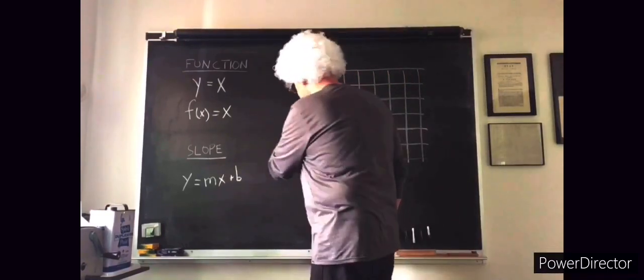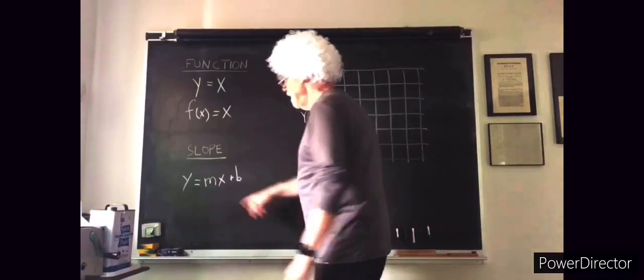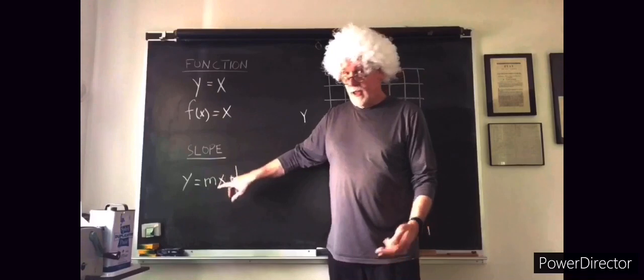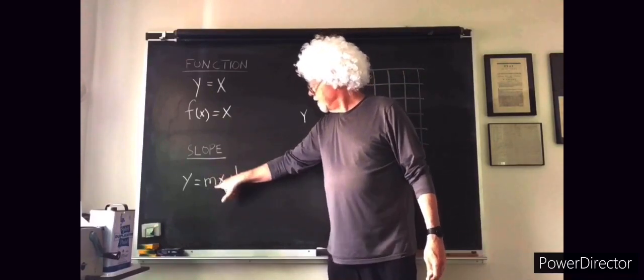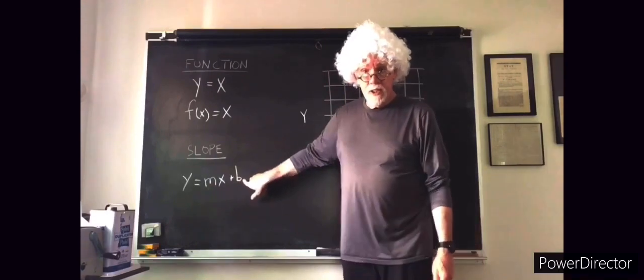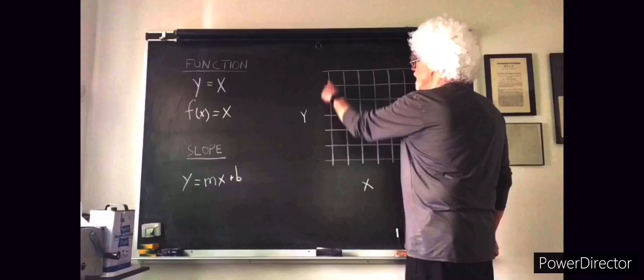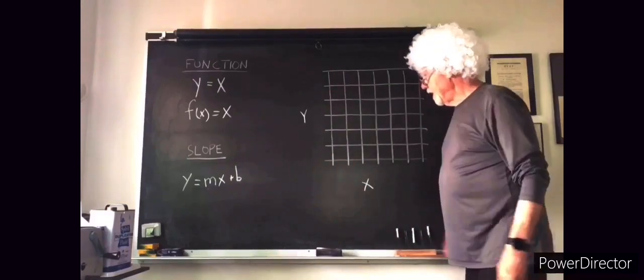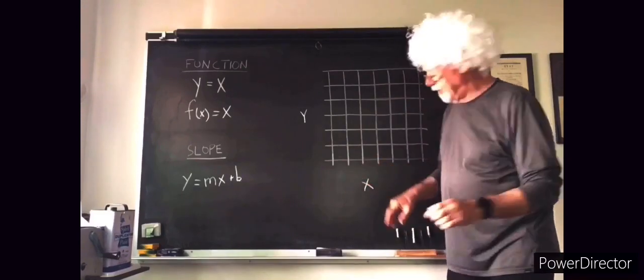We have the y variable, the x variable, and m is the slope. We usually use m as our slope variable. b is the y-intercept. In other words, wherever our plot intersects the y-axis.